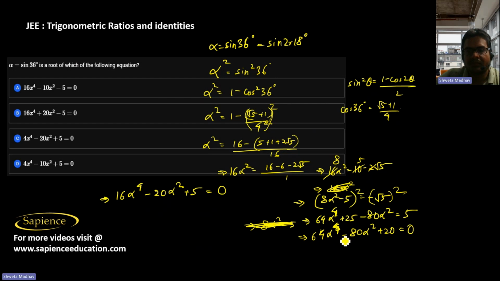20 equal to 0. We can divide by 4, so 16 alpha power 4 minus 20 alpha square plus 5 is equal to 0.